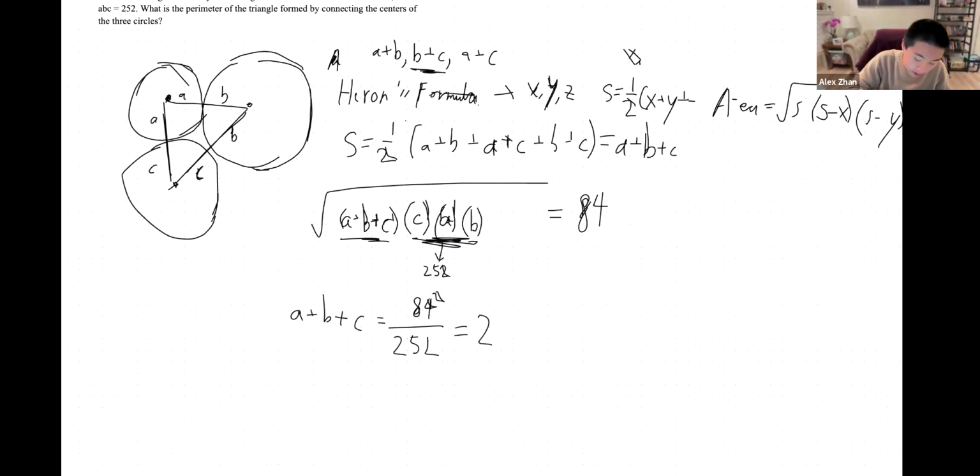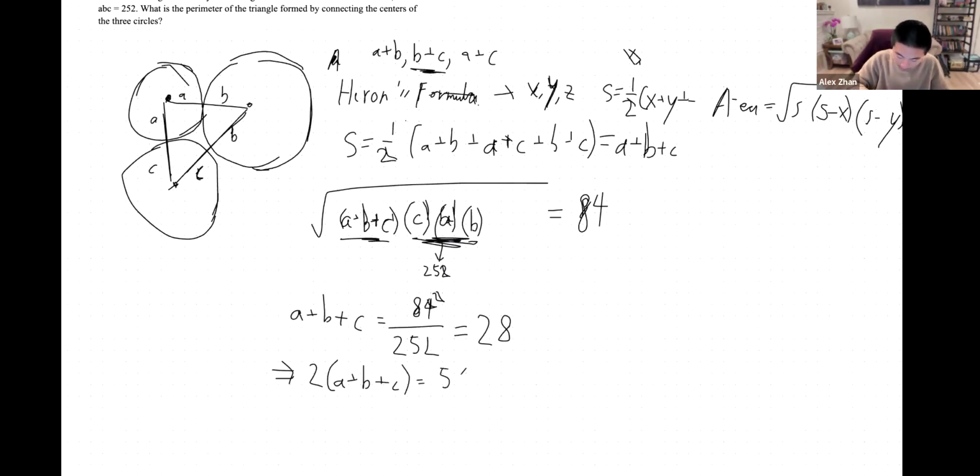But of course, what we want is the sum of the three side lengths, and that is 2 times A plus B plus C. And 2 times A plus B plus C is equal to 56.